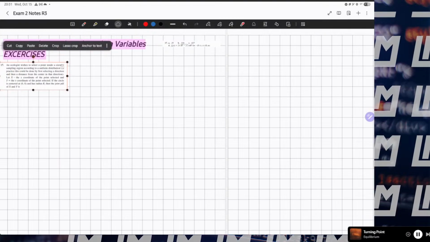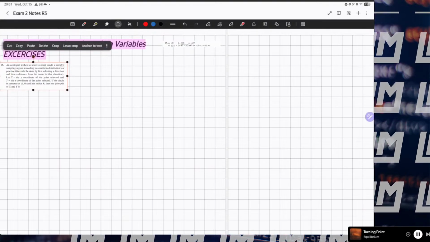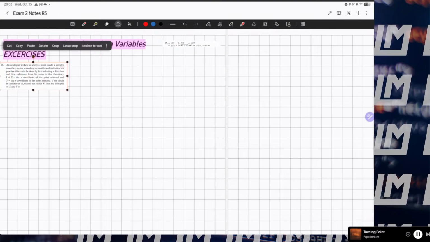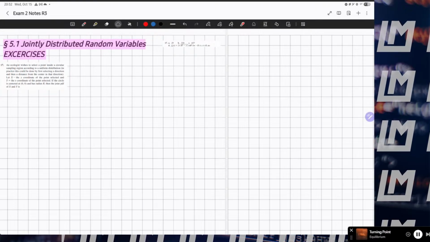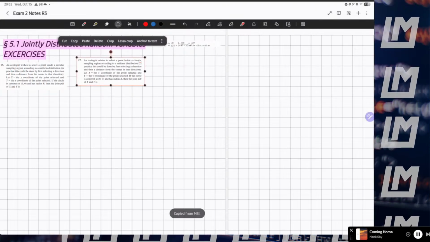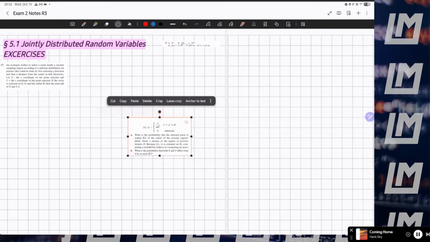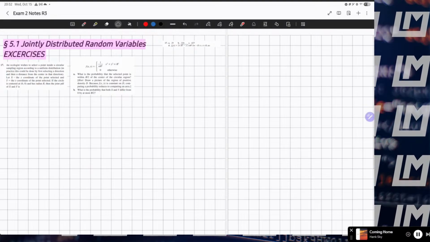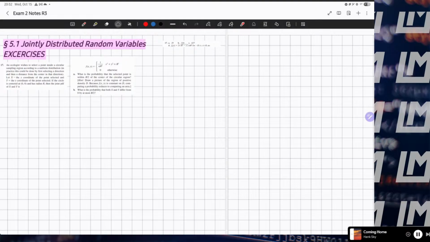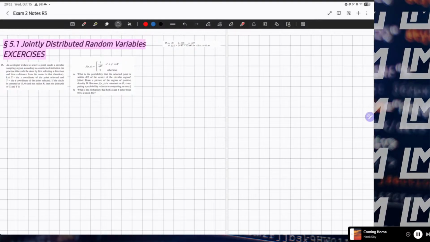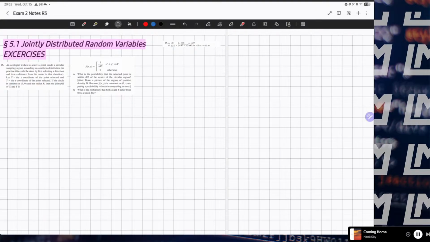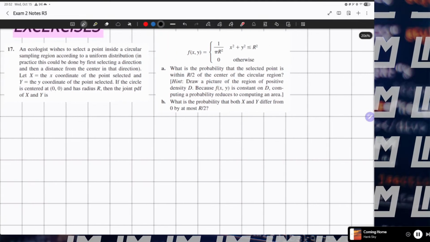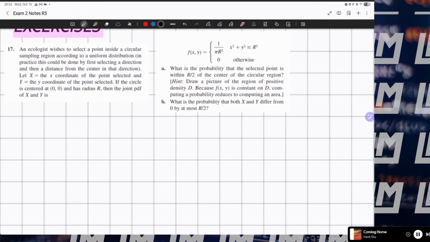A and B. All right, this is always the hard part with the questions. I don't like this textbook. The people who do this, it's just not good.